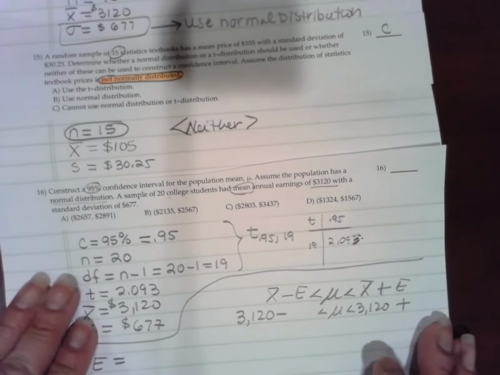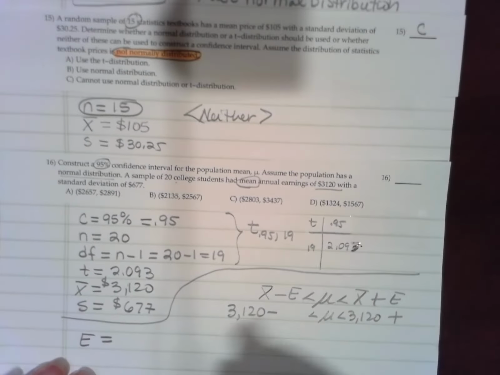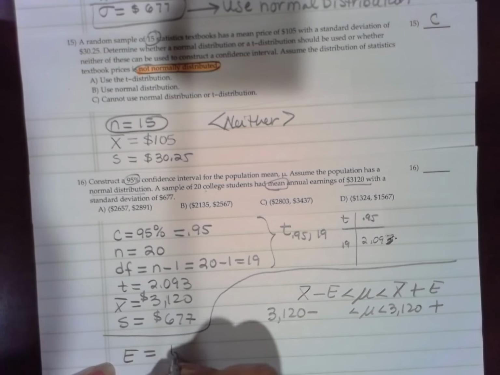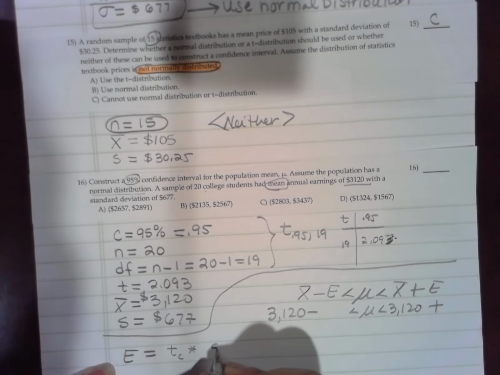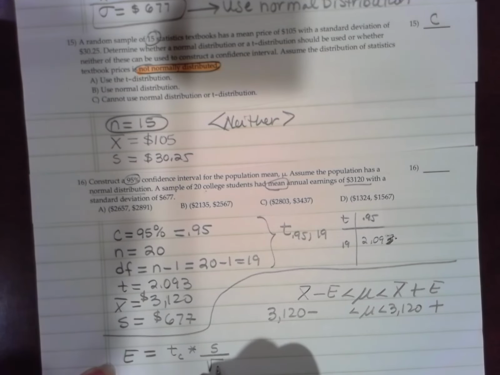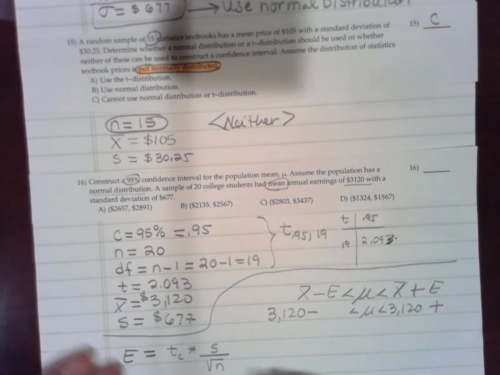All this information was given to us so that we can find the margin of error. Again, that formula will be provided to you. E is found by t multiplied by the sample standard deviation divided by the square root of the sample size.